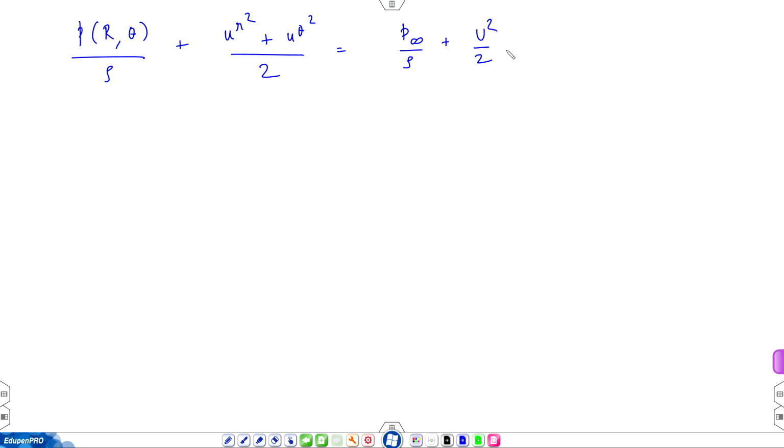So, from this we can find P(R, theta). On r equal to capital R, u r, the radial velocity component, is 0, only u theta survives. So, let me divide just to maintain consistency with the previous calculation.